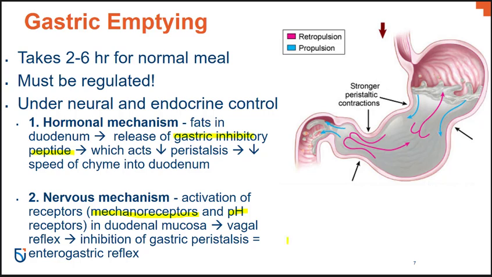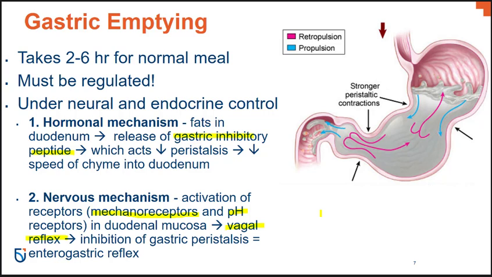All right, so what will happen next is, when acid is present and when distension occurs, the duodenal mucosa picks it up, and sensory and motor fibers found in your vagus nerve, so this process is called a vagal reflex, will cause this reflexive inhibition of gastric peristalsis.